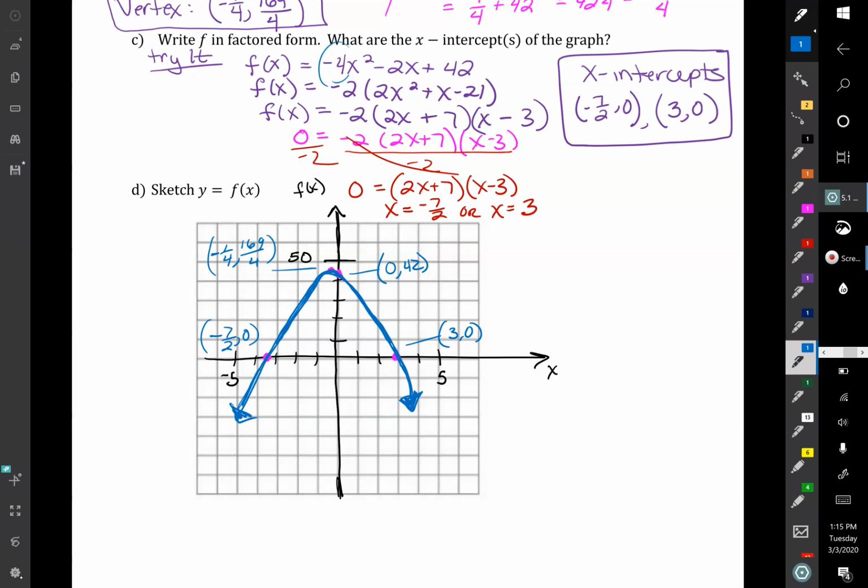And it behaves as the global behavior, which is something that you'll learn about later.